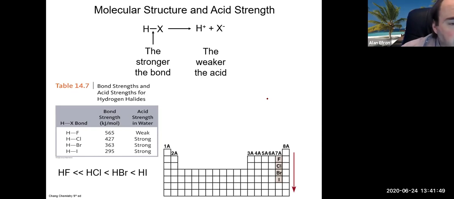When you look at an acid that does not contain oxygen, there are a couple of things you may look at to determine what makes it a stronger acid versus another. Really, the basic definition of an acid is what you should look at: the ability to produce free H plus in solution.